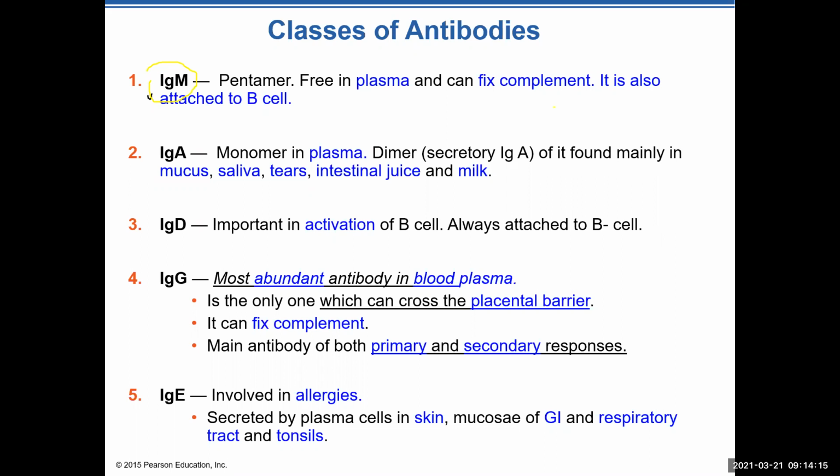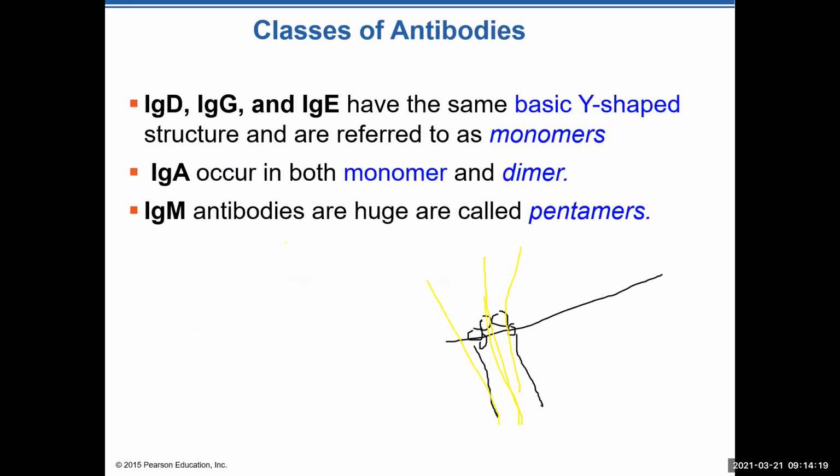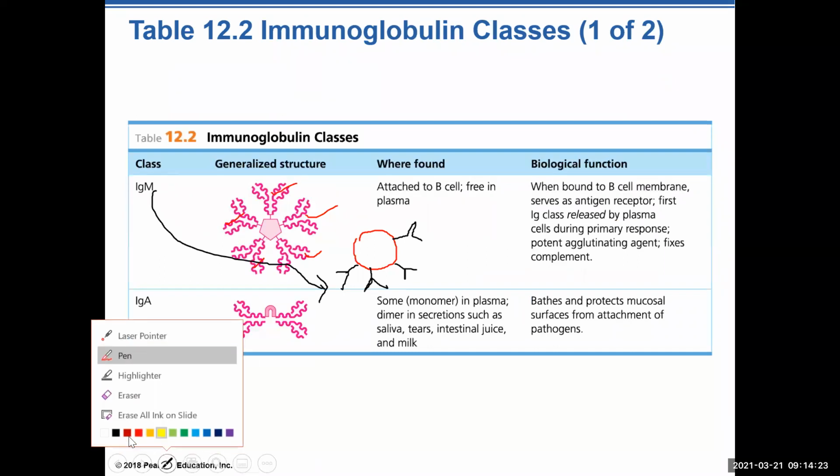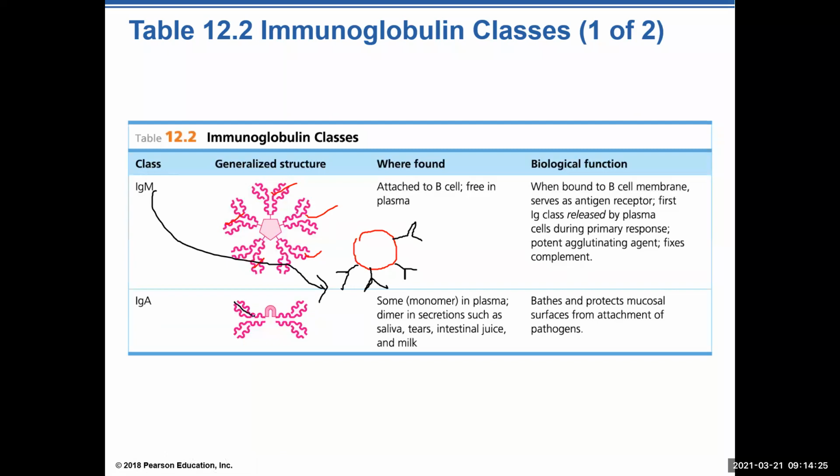Okay, and then we have IgA. IgA acts as a dimer. Let me show you. As you can see here, there's one antibody and two antibodies lined up together. It's called a dimer, and this is your IgA antibody.